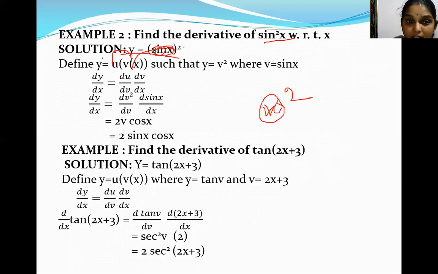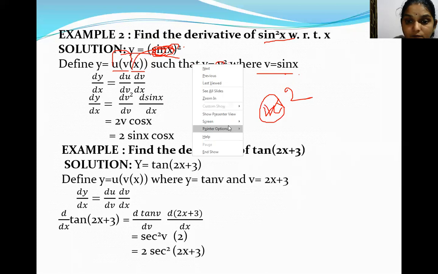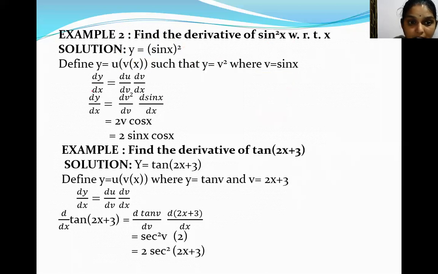Thus, you will write y as a function u of phi of x, such that this innermost function sin x is phi, and then y is phi square. What is our phi? It is sin x. So we'll get again sin x the whole square. Then dy by dx is equal to du by d phi into d phi by dx. What is u?